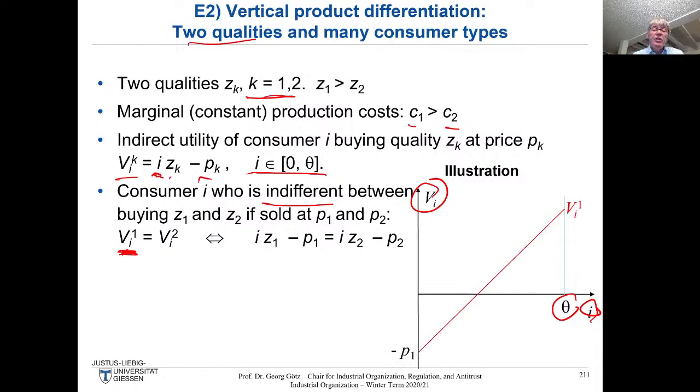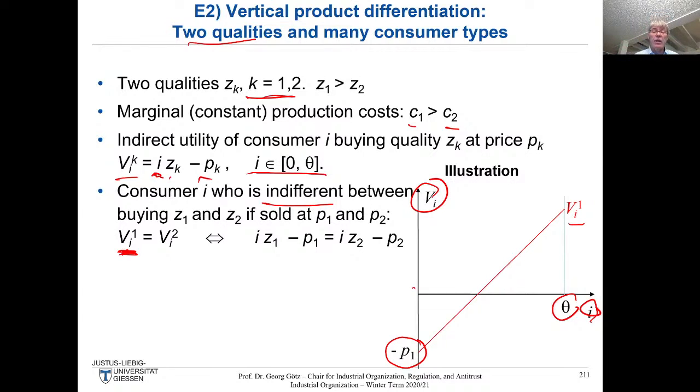Now, this would be the indirect utility from consuming product 1 for some consumer I. If we look at the consumer with the index 0, her utility would simply be minus P1, because she gets zero utility from consuming the product, as the index I is 0. Up here, for this consumer theta, the utility would be just theta times Z1 minus P1.